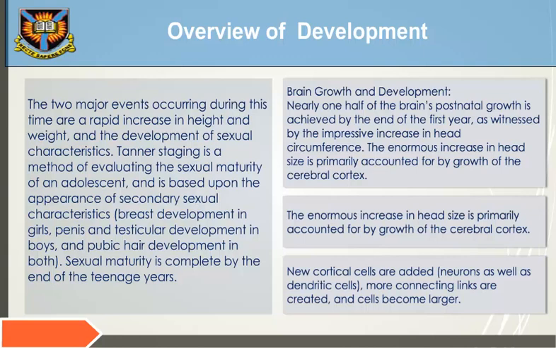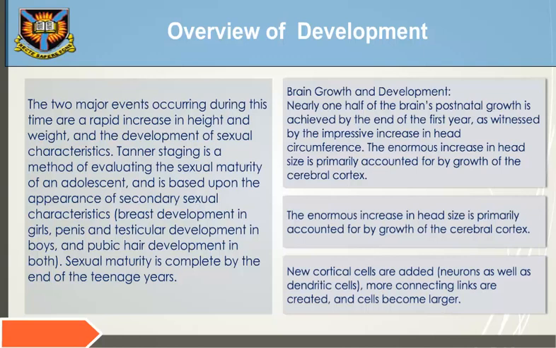Brain growth and development. Nearly one half of the brain's postnatal growth is achieved by the end of the first year, as witnessed by the impressive increase in head circumference. The enormous increase in head size is primarily accounted for by growth of the cerebral cortex. New cortical cells are added, neurons as well as dendritic cells.